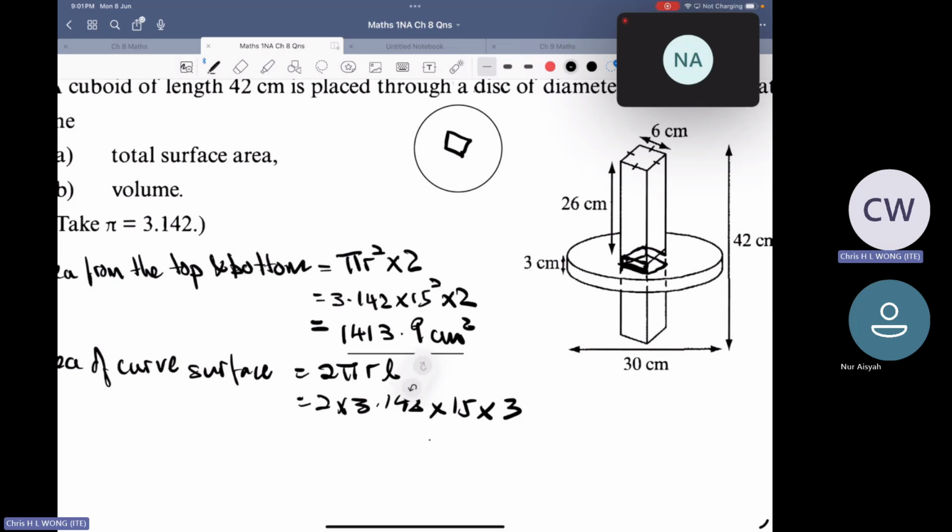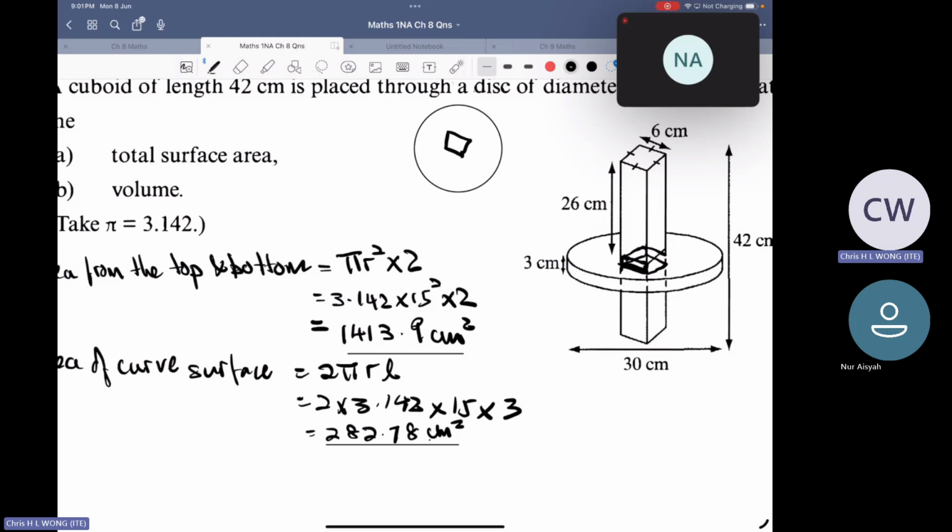That will give me 3.142 times 2 times 15 times 3, which is 282.78 cm square. Underline. That's the second one, right?